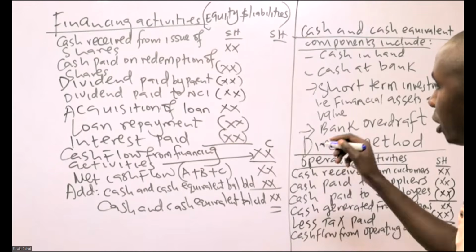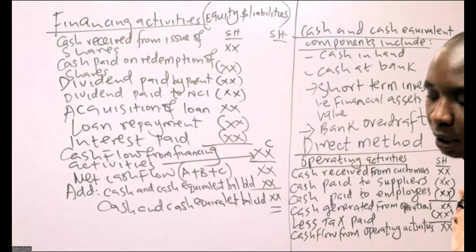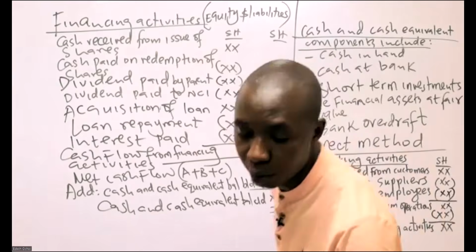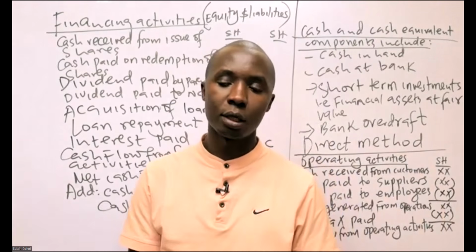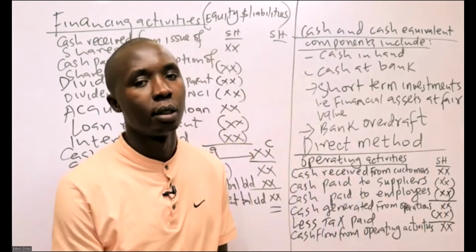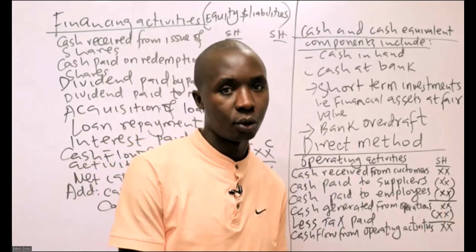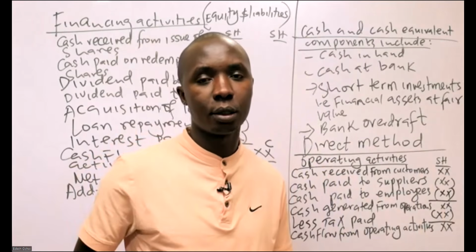But now you cannot be given cash received from customers directly. So which account do we maintain for the customers, when we sell goods to the customers on credit? To be more specific, which account do you maintain?